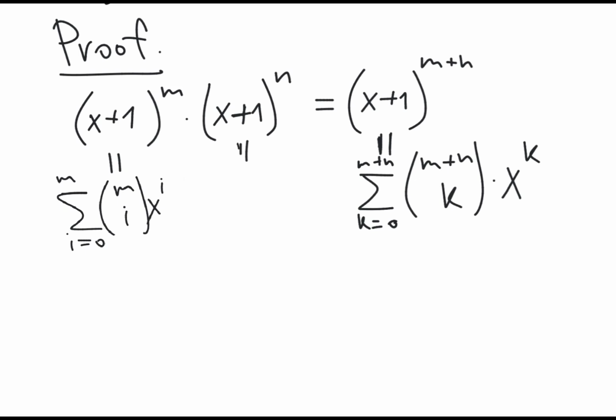And finally this expression is equal to the sum, we introduce a variable j from 0 to n, n choose j, x to the power j multiplied by 1 to the power n minus j, and again this is just always 1.